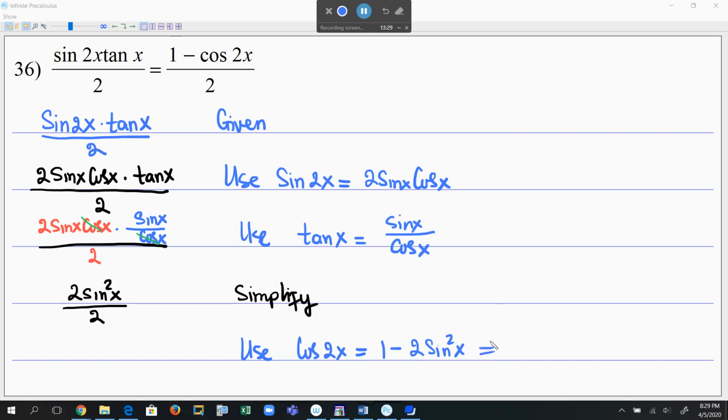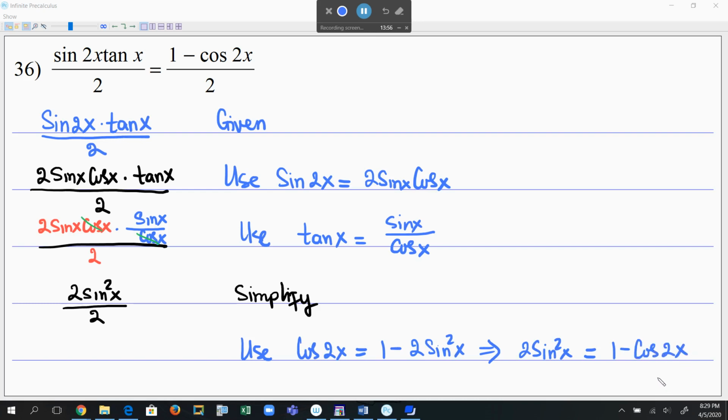So therefore, we can rearrange this identity. If we add 2 sine square of x to both sides, and also subtract the cosine 2x from both sides of the equation, we get 2 sine square of x equals 1 minus cosine 2x.